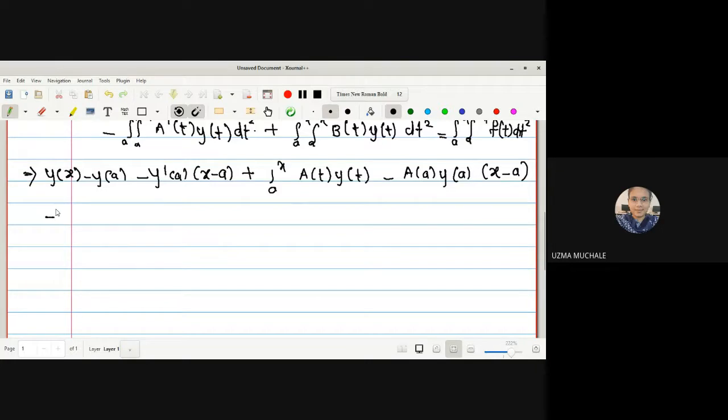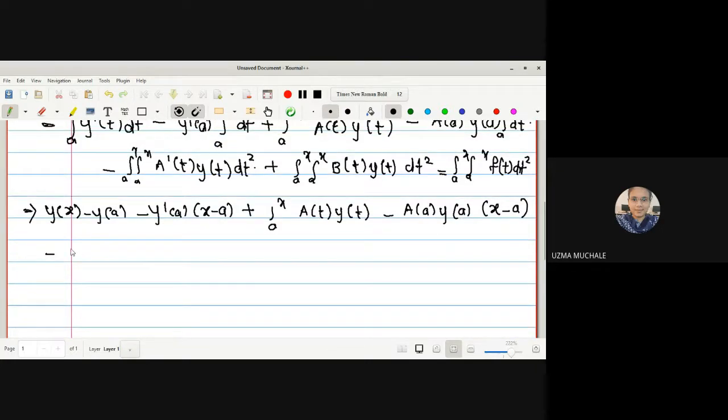What we can apply is minus, it will be a to x, right? This a dash of t into y of t will be as it is. What we have here, x minus t raised to 2 minus 1, because 2 times integration is there, n minus 1 divided by 2 minus 1 factorial, that is again 1.